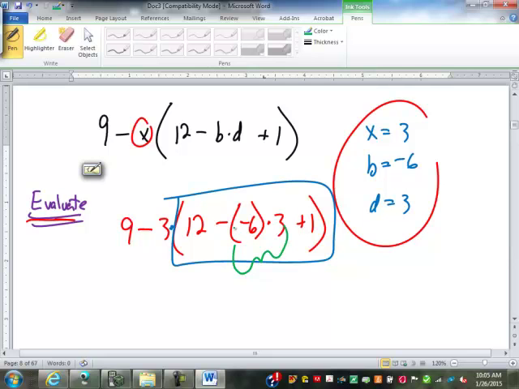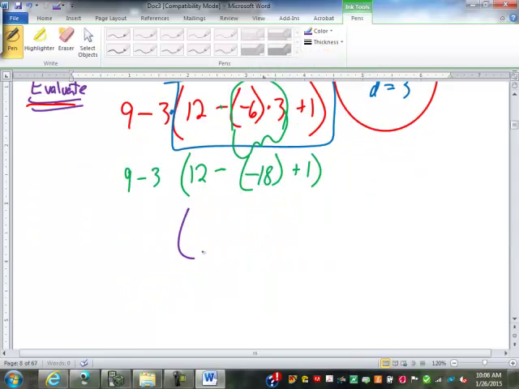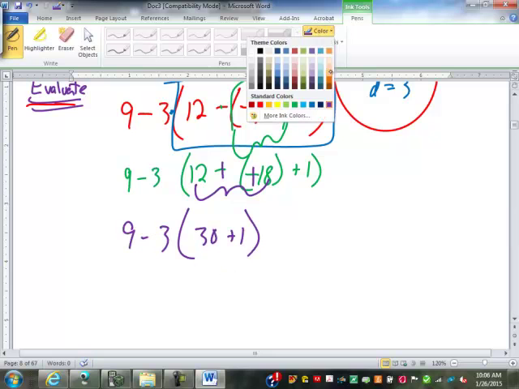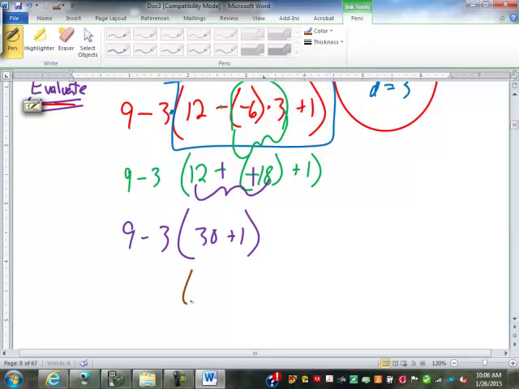This is kind of tricky. This is negative 6 times 3 is negative 18, but there is still a minus here. We didn't use that minus at all yet. We used the negative 6 and the 3 to get the negative 18. Now inside the parentheses, we have the 12 minus a negative 18, which is plus a positive 18, the 30. 30 plus 1, 31.